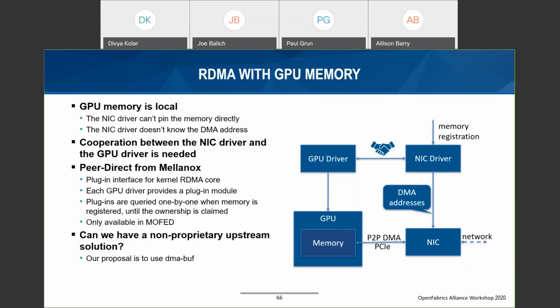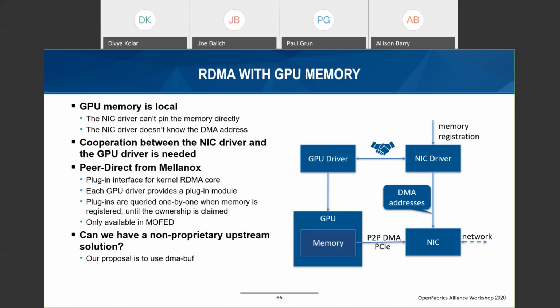The picture at the right-hand side shows the concept of how this is done. The GPU driver has control over the GPU and the GPU memory, so it has to provide some mechanism to get the information of the GPU memory to the NIC driver.